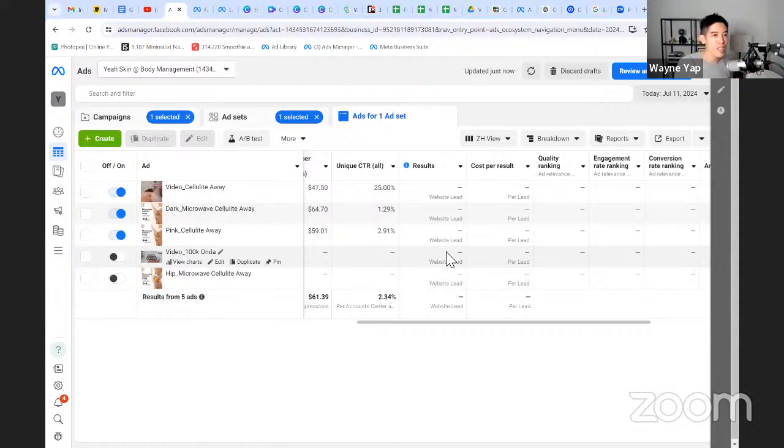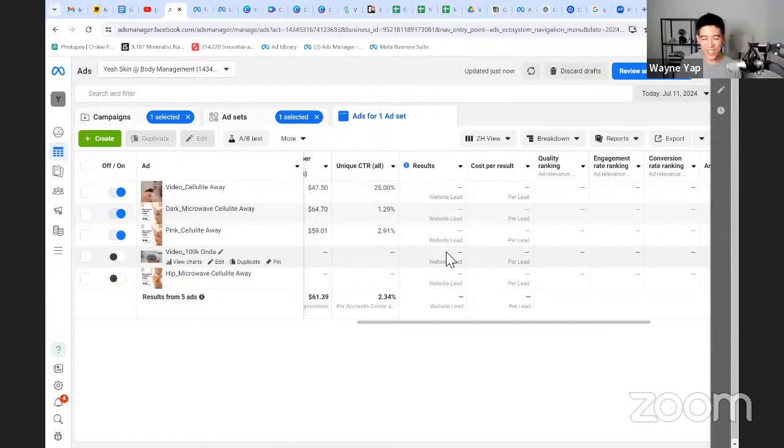Considering these two factors, maybe the past 7 days has 50% weight and yesterday has 50% weight. For example, if over the last 7 days our cost per lead is $20, but yesterday it was $40, then with 50-50 weight it's $30 in the middle. We think, okay, this is a bit high, so we probably scale down and don't want to spend as much, because yesterday is probably the closest indicator to what it will be today.